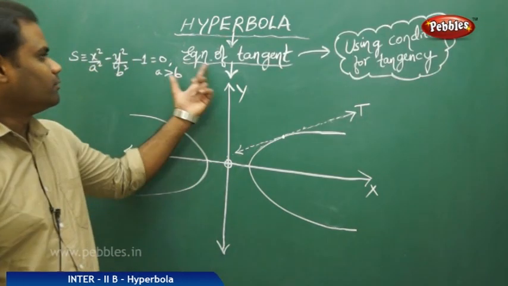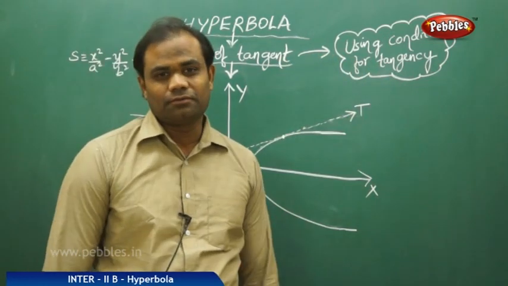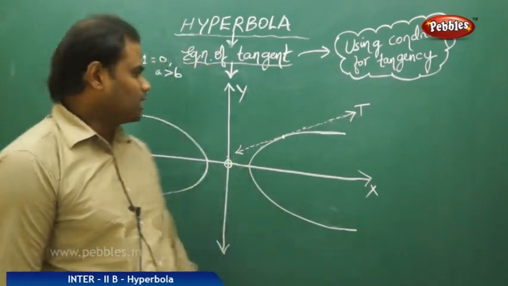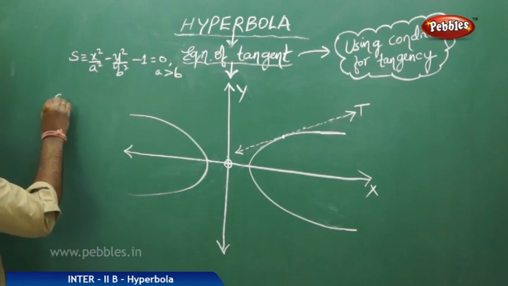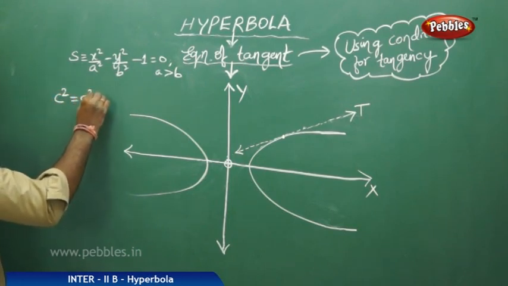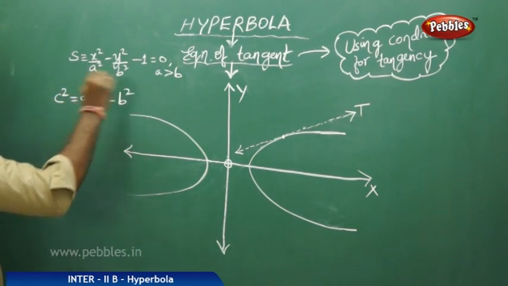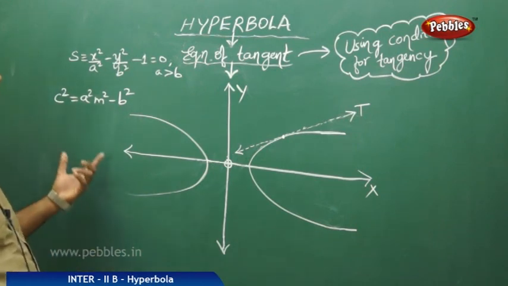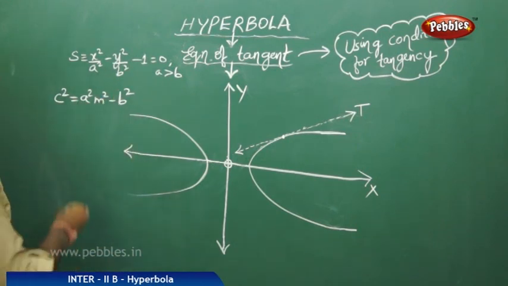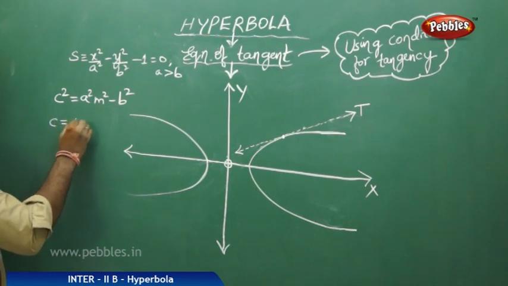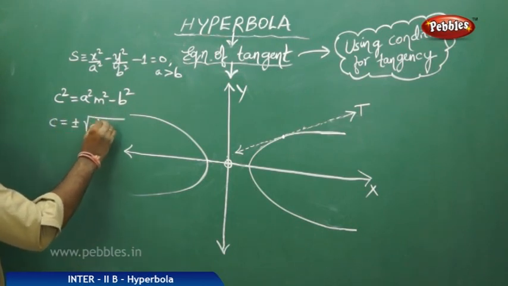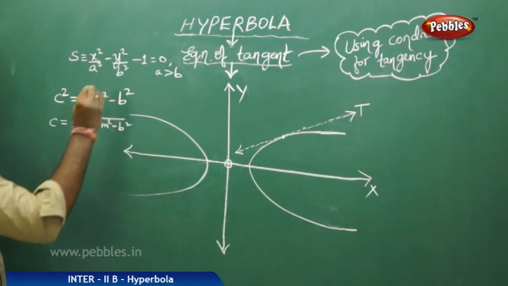Now let's find the equation of tangent using the condition for tangency. As we know, the condition for tangency is c square equals a square m square minus b square for the line y equal to mx plus c to be tangent. We have c as plus or minus root of a square m square minus b square.